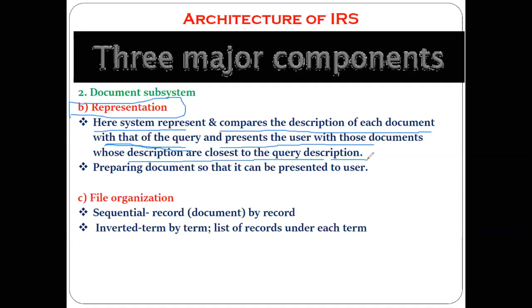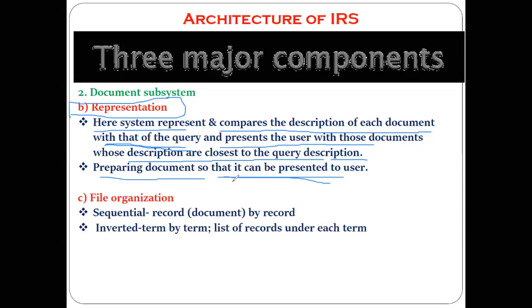So based on that query, related documents are collected together in the first component, that is acquisition, and that acquired information is represented in a certain form. Here I have mentioned preparing documents so that they can be presented to the users.